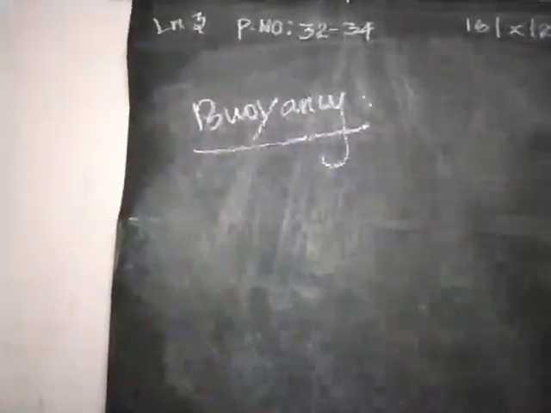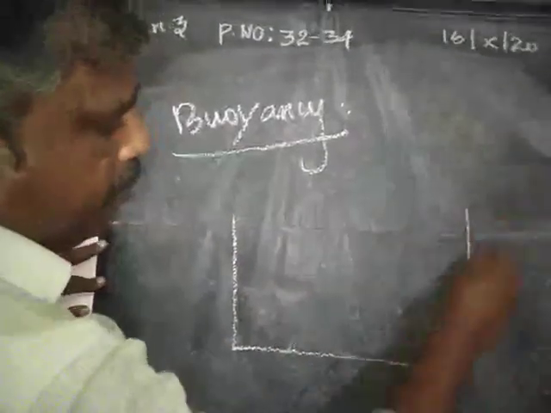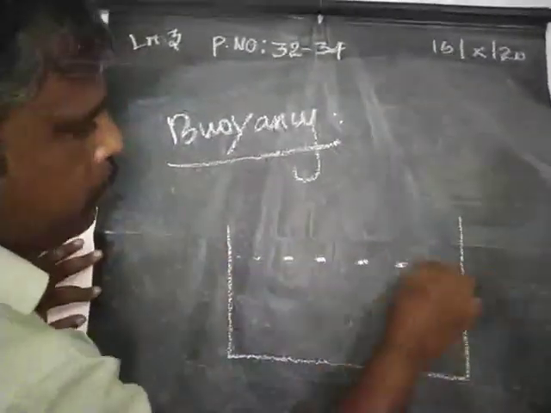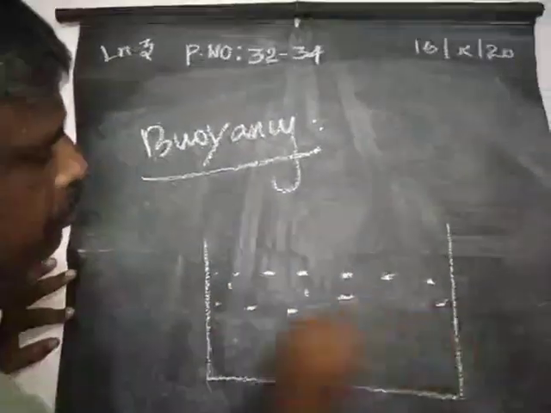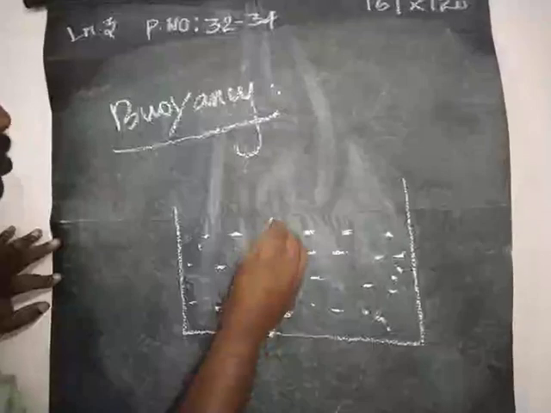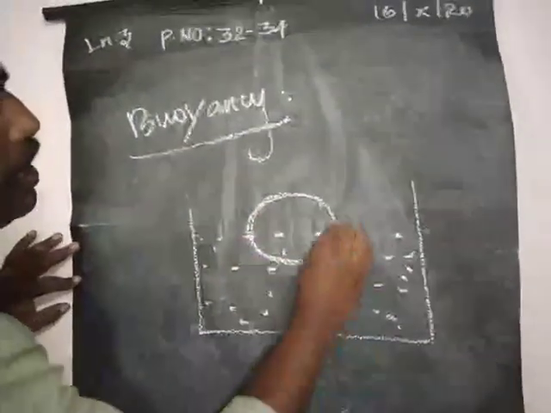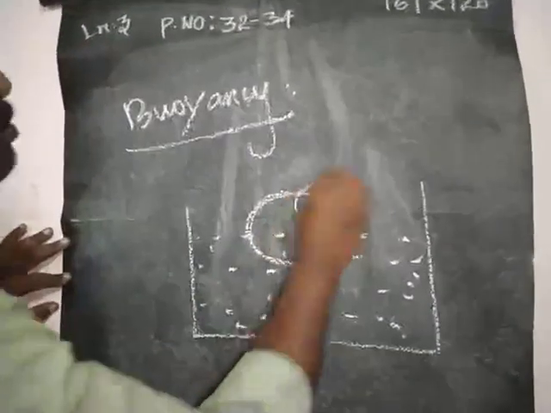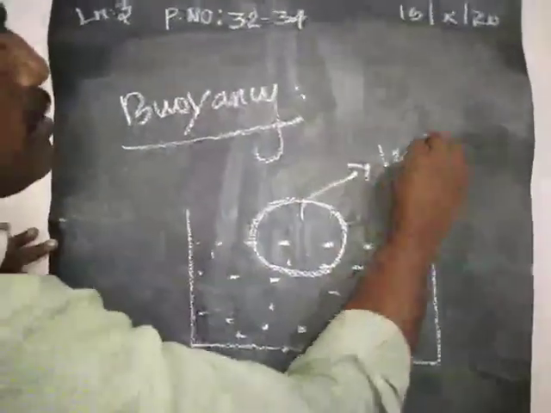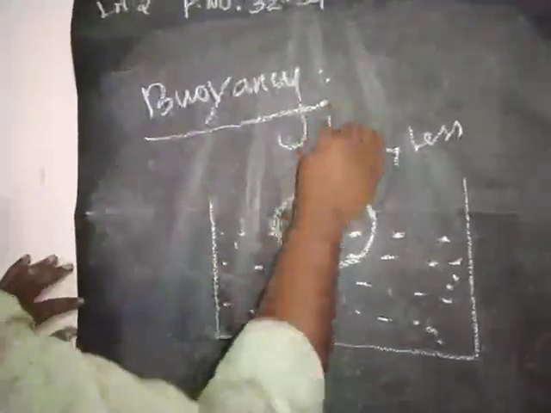So what is meant by buoyancy? If you take a tall bowl or glass jar, fill it three-quarters with water, and take any one object, the object's weight acts in which direction?